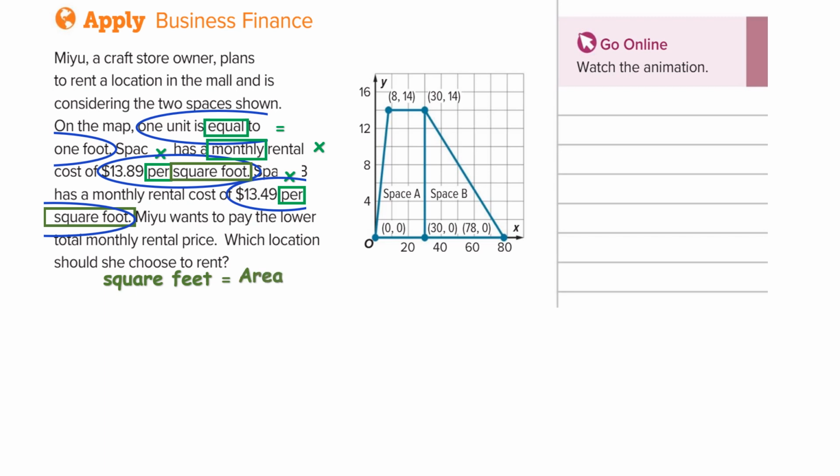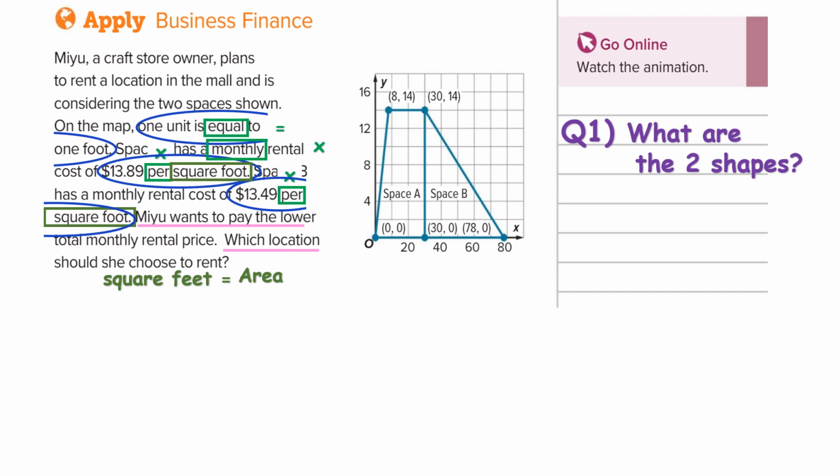All right, so if I'm finding the area, then I'm going to start with shape A, because I want to figure out, is A going to be the better value or B going to be the better value? So once again, as I'm looking at these 2 shapes, then I have to figure out what shapes I'm using in order to figure out what formulas to use.